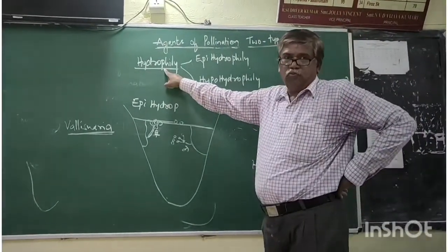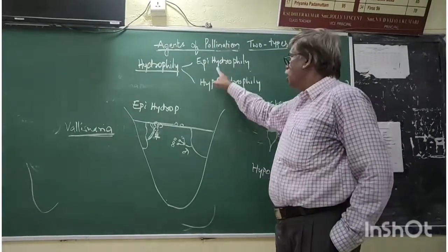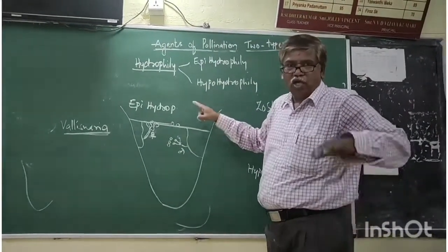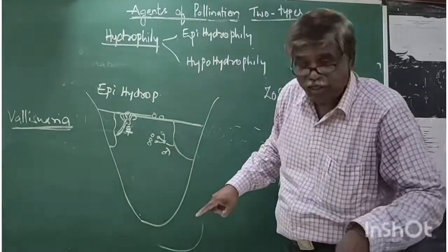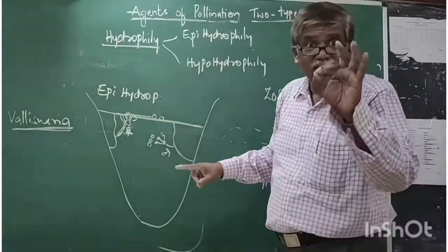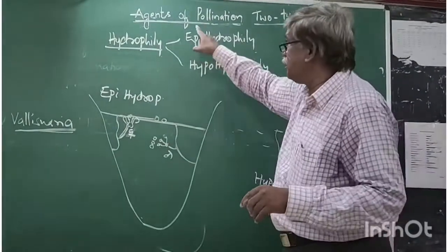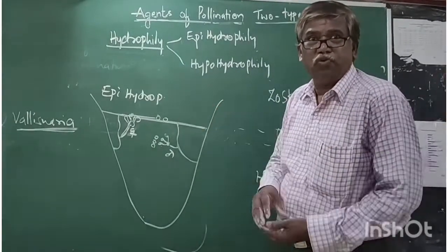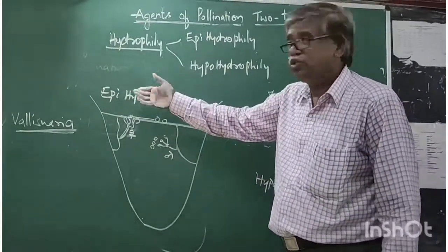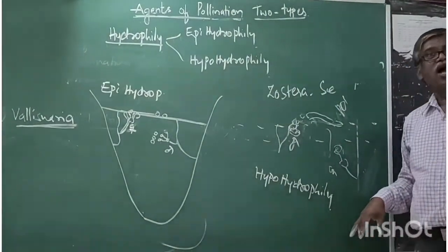If the pollination by water is called hydrophilic, there are two types: epihydrophilic and hypohydrophilic. If the pollination occurs on the surface, epi; in the water, hypo. We decide either epi or hypo by the female flowers. If the female flowers are on the surface, epi. If the female flowers are submerged, hypo.